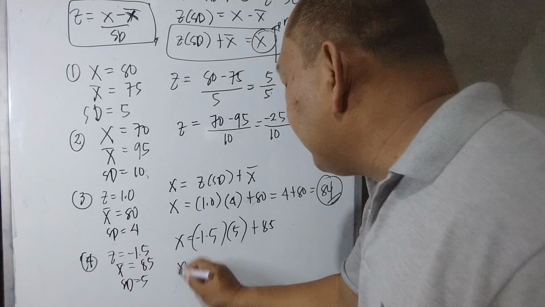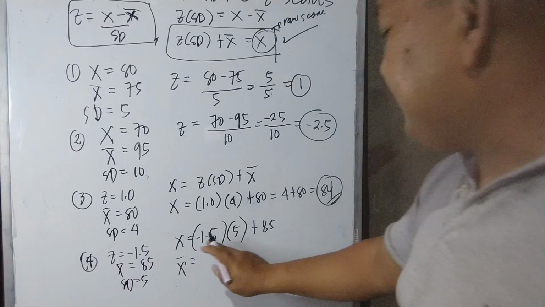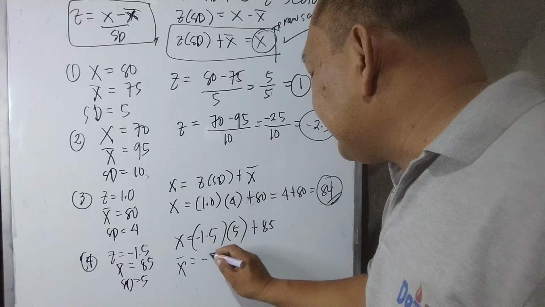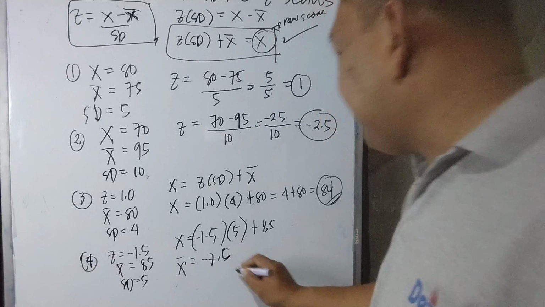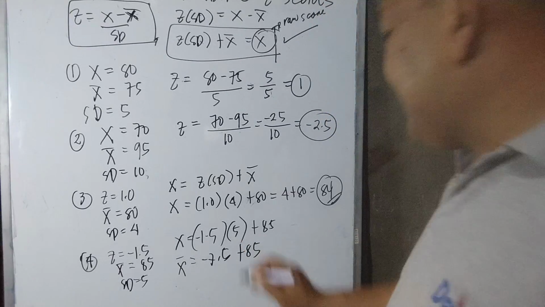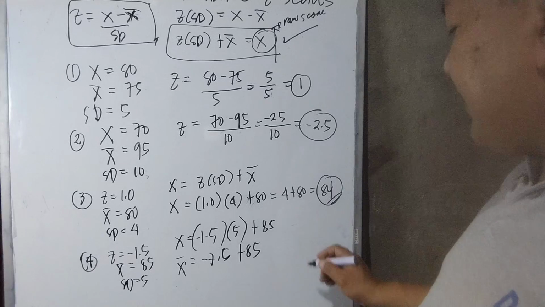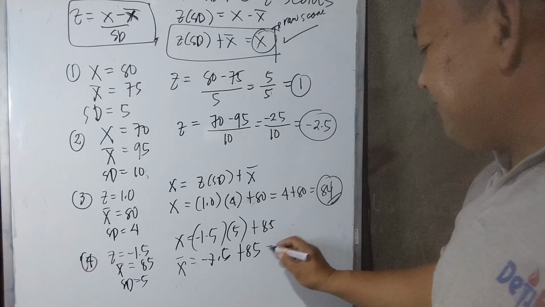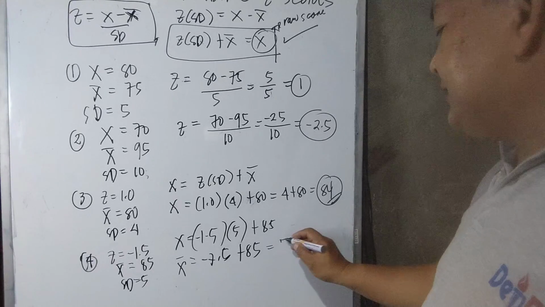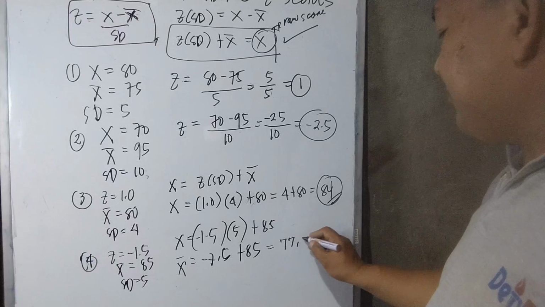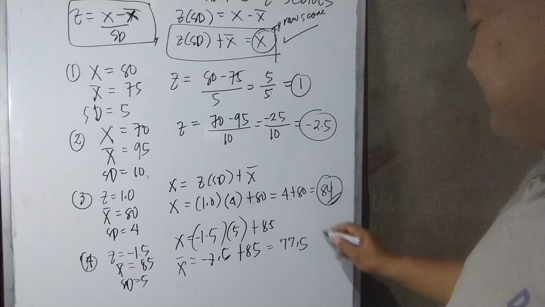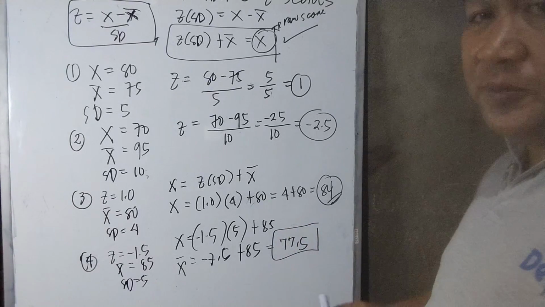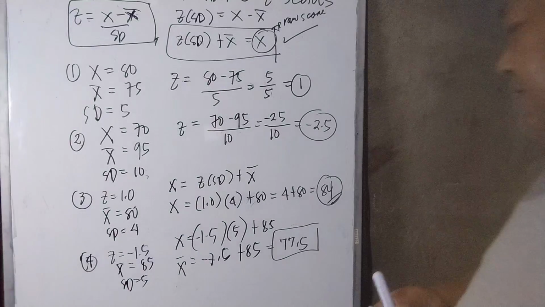That is, raw score is negative 1.5 times 5, which is negative 7.5, plus 85. So negative 7.5 plus 85 is equal to 77.5. Okay? So that's going to be the raw score, 77.5.